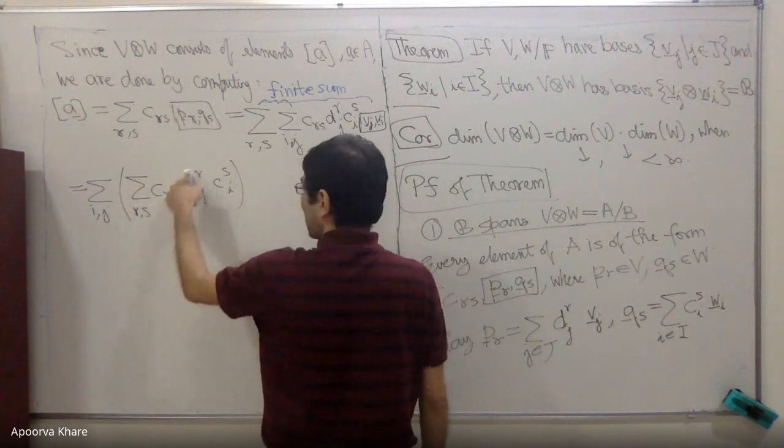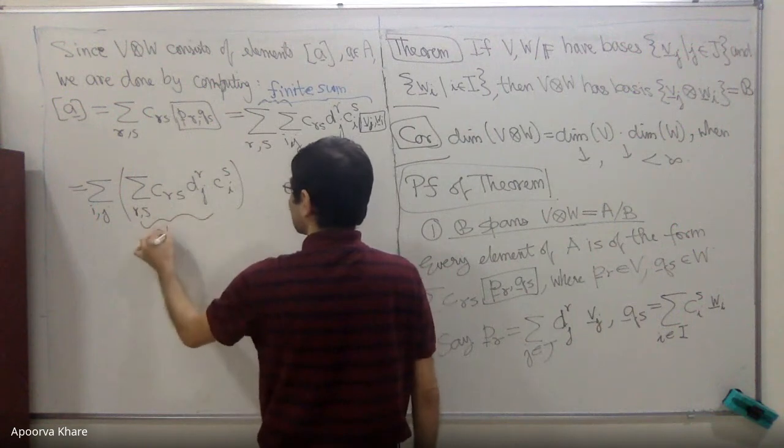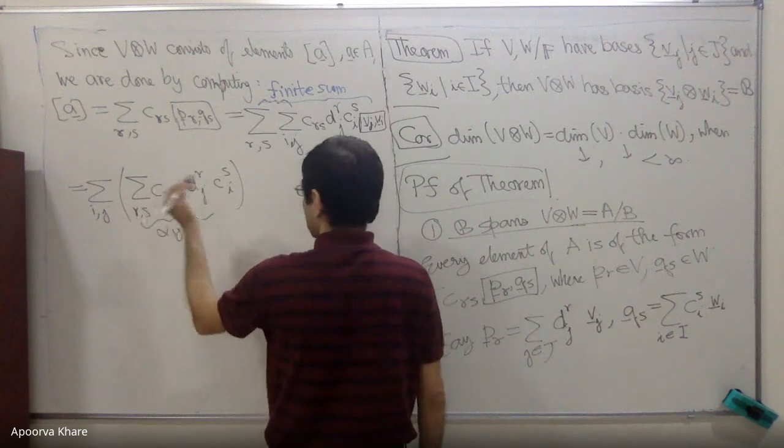This is being summed over R and S, and you can call this alpha_ij or alpha_ji if you want, either way.